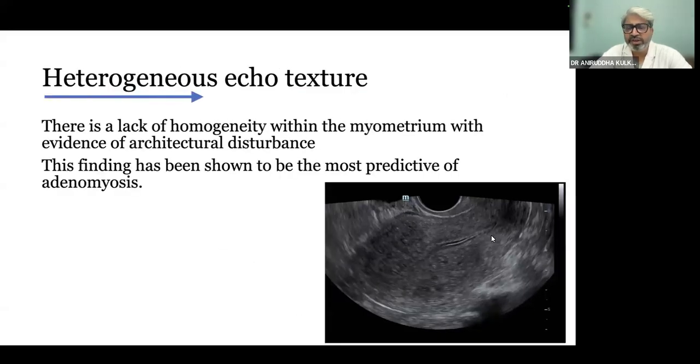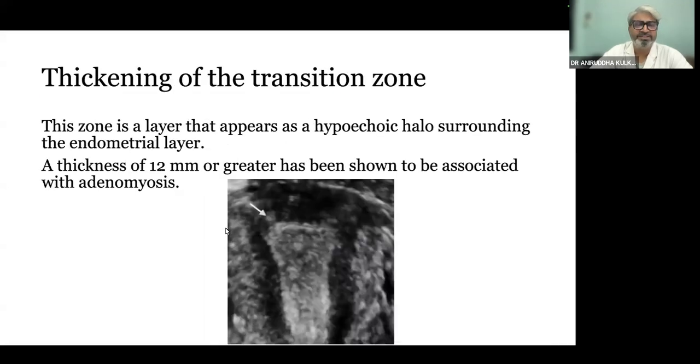Heterogeneous overall echotexture of the myometrium giving a mottled appearance in the anterior and posterior wall could be a feature of adenomyosis. This lack of homogeneity within the myometrium is evidence of architectural distortion, and this alone can be considered as one of the most predictive values of adenomyosis.